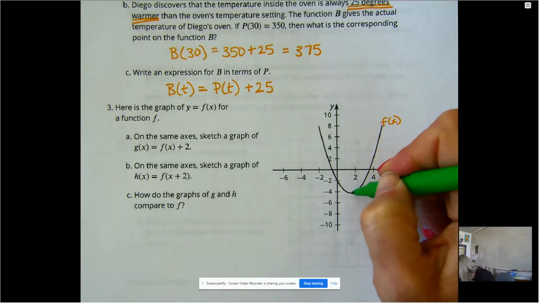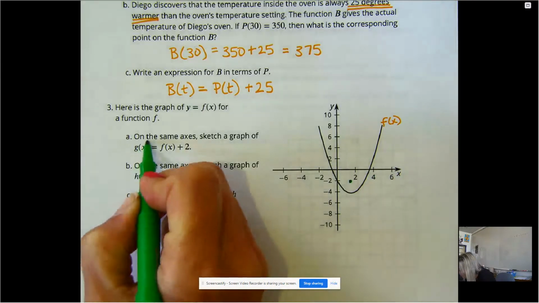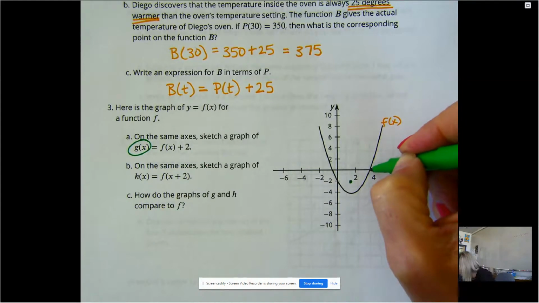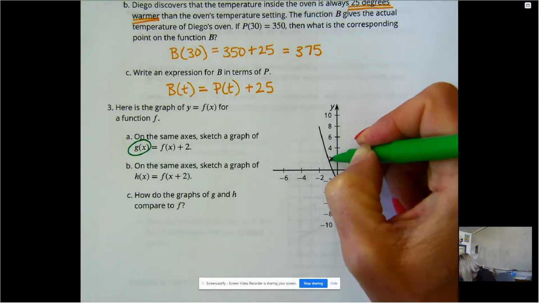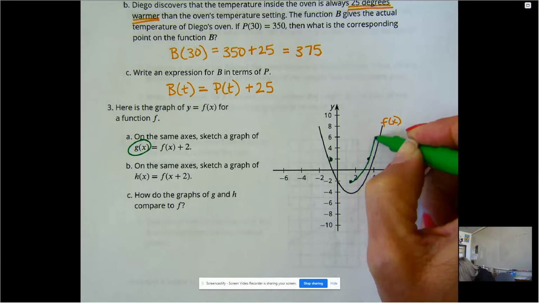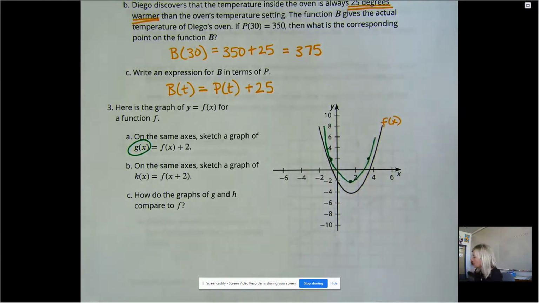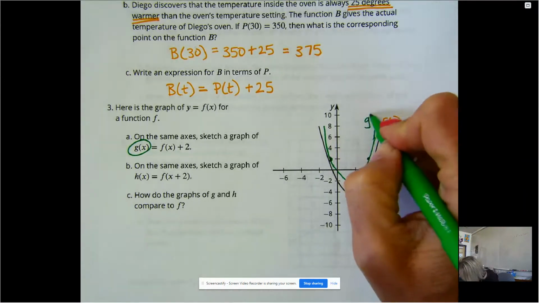So here's the vertex, and if I move it up 2, it's about here. So this is going to be for g of x. And then this little intercept, moving it up 2, is about there. And this one is right about there. And so then we have this graph like that.